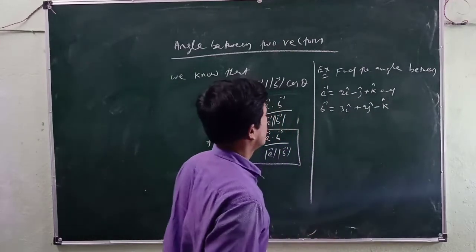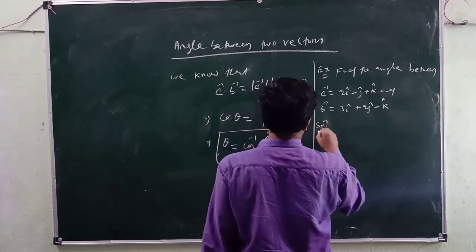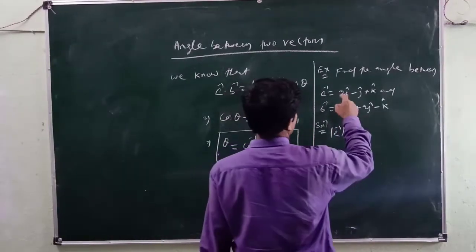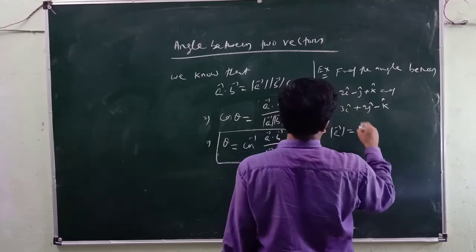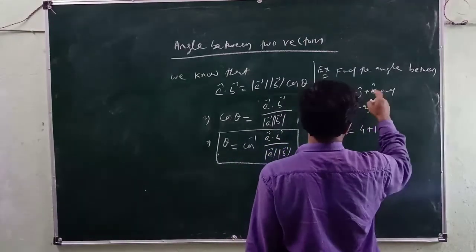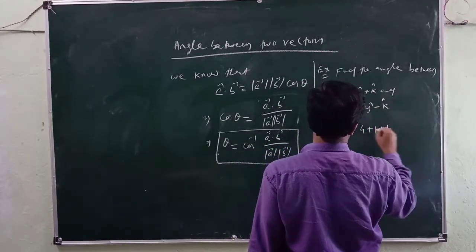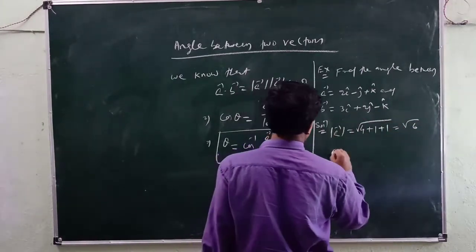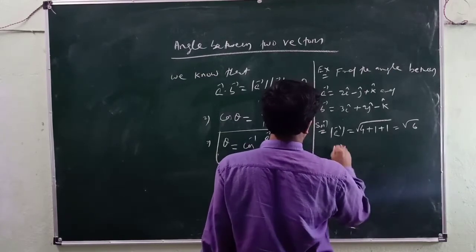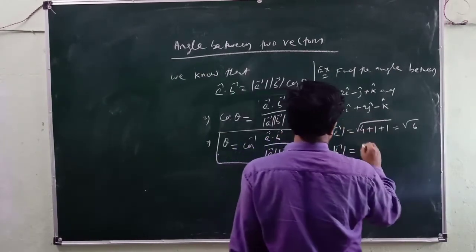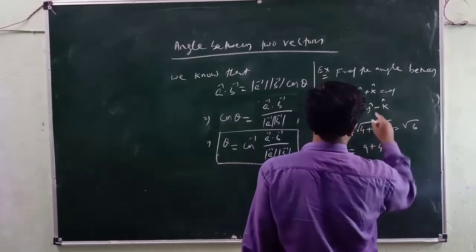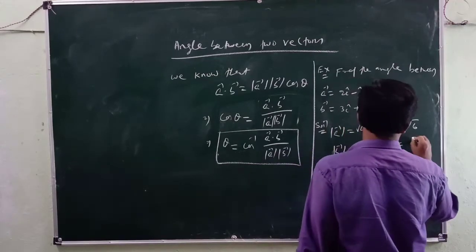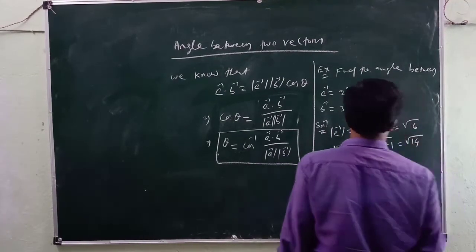In your solution, first you find the magnitude of A. Here it will be square root of 2 squared, that is 4, plus minus 1 squared, plus 1 squared. So it will be root 6. Then you find the B magnitude. Here it will be square root of 9 plus 4 plus 1. Then it will be root 14.